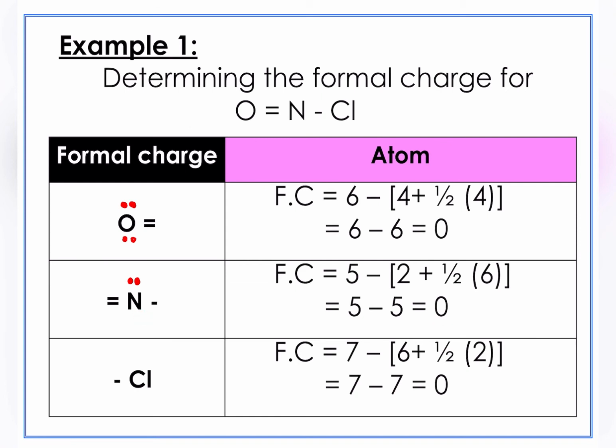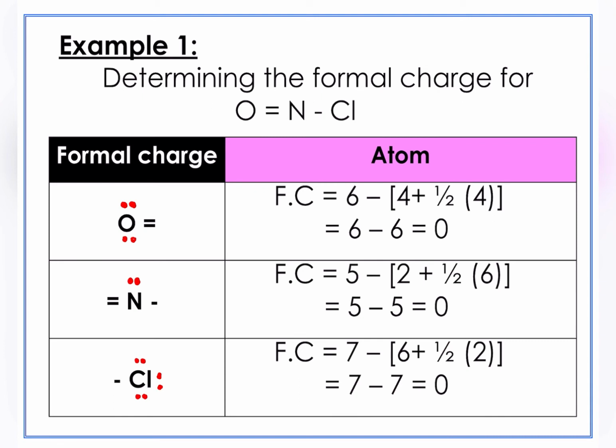And same case for chlorine. You have 3 lone pairs for chlorine. How do you calculate the formal charge? 7 for valence electrons, minus 6 lone pair electrons from here, 6 dots, and then plus half of 2 bonding pair electrons from here. And you will get 0 formal charge as well for the chlorine atom.